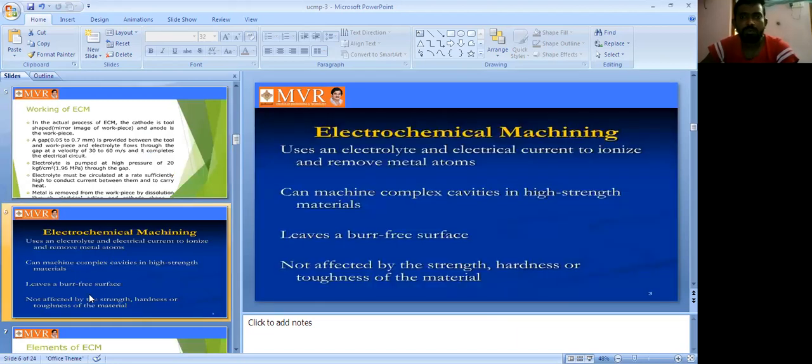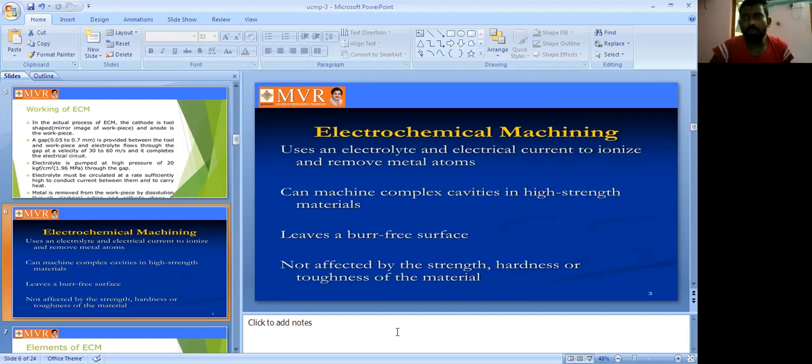The electrochemical machining process uses an electrolyte and electrical current to ionize and remove metal atoms, so we can machine complex cavities and high-strength materials. It leaves burr-free surfaces, and it is not affected by the strength, hardness, and toughness of the material.